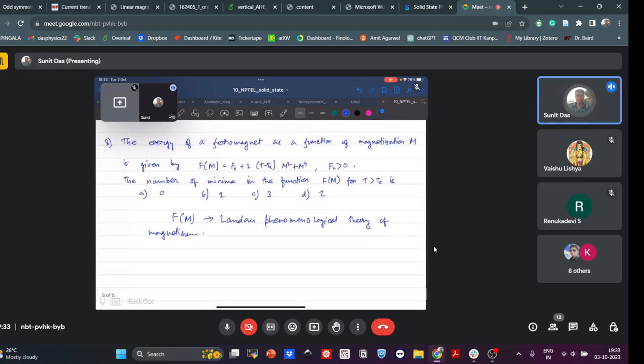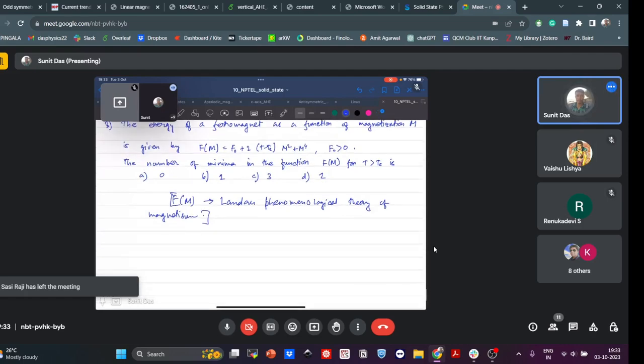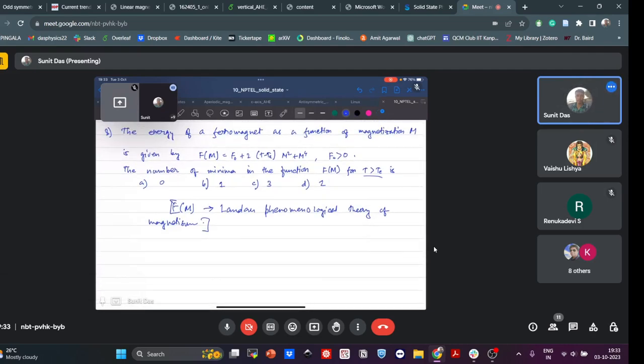That's a different story, but now we need to find the number of minima for T greater than Tc. This is just pure mathematics.